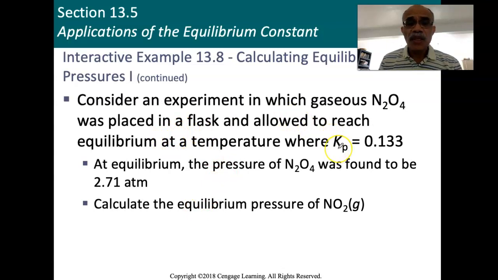Say, for example, the Kp value is given as 0.133, and at equilibrium, the pressure of N2O4 was 2.71 atmosphere. Calculate the equilibrium pressure of nitrogen dioxide. So notice that you're given the Kp, and you're given the pressure of the reactant. So here you need to find the pressure of the product. That's a very simple setup.